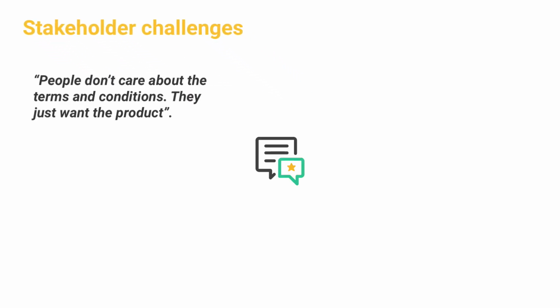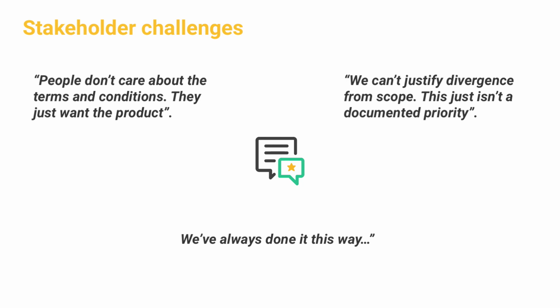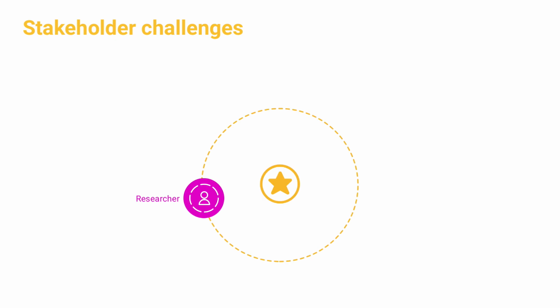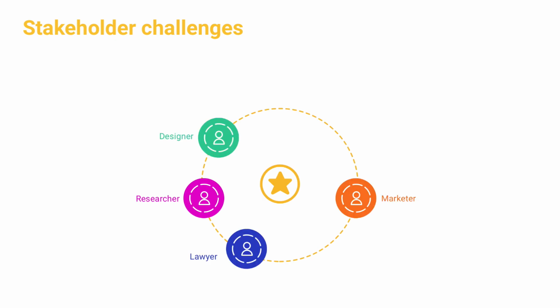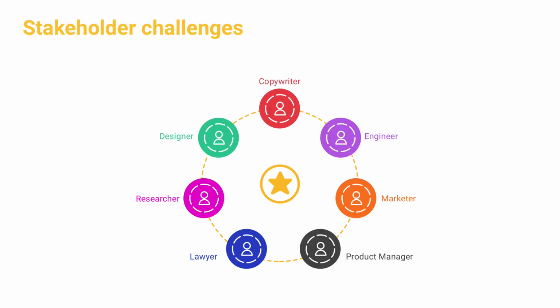It's important to note that you will encounter challenges and pushback, but these challenges, the pushback, they're not insurmountable. You can overcome them by working together in your cross-functional team that consists of a researcher, a designer, a lawyer, a marketer, a copywriter, a software engineer, and a product manager.